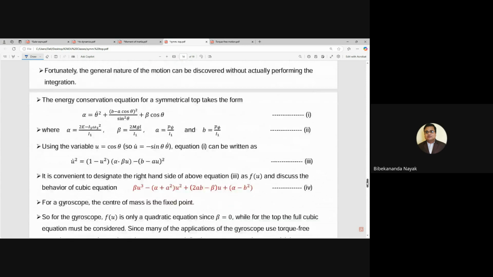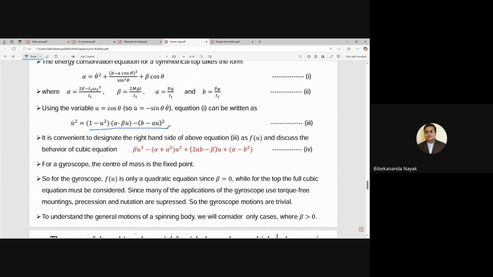So by multiplying we get beta u cube minus alpha plus A square u square, then 2AB minus beta u, where beta u multiplied with 1 and here 2AB u, and another constant, which is alpha minus B square. So there is an equation like this: a x cube plus b x square plus c x plus d is equal to 0. Equation right hand side. Okay.